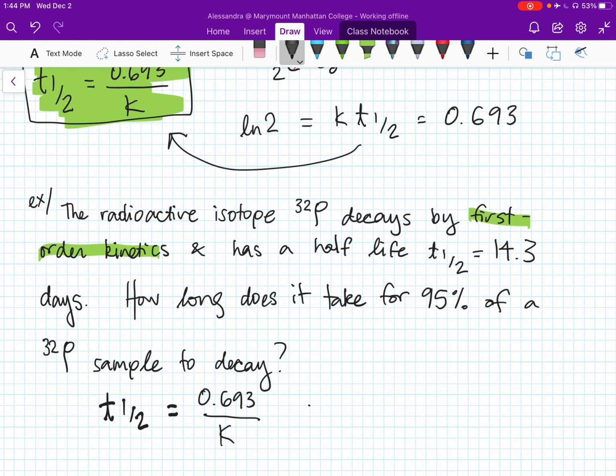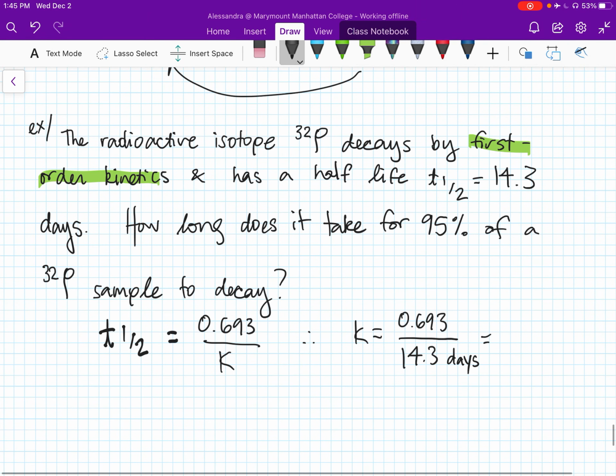So let's rearrange this equation to solve for K. K is going to be equal to 0.693 divided by the half-life, which is 14.3 days. So that's going to give me a K value in reciprocal days, 4.85 times 10 to the minus 2 reciprocal days, days to the minus 1. That's going to be my K value.